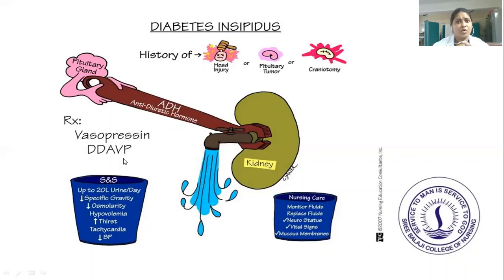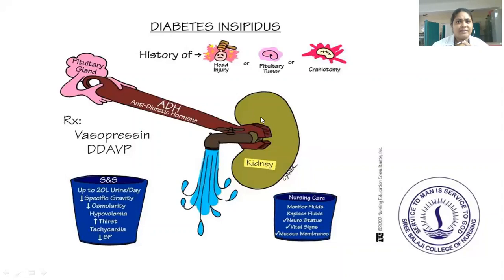These are the commonly used drugs for diabetes insipidus, and you can see the nursing care for this patient. Since the patient has a large amount of urine expulsion, the patient will definitely have a dehydration problem. We need to assess the patient's vital signs because the patient may show shock symptoms like tachycardia and decreased BP.